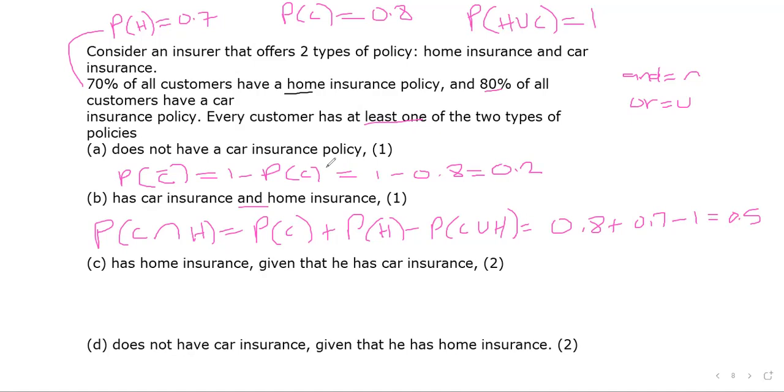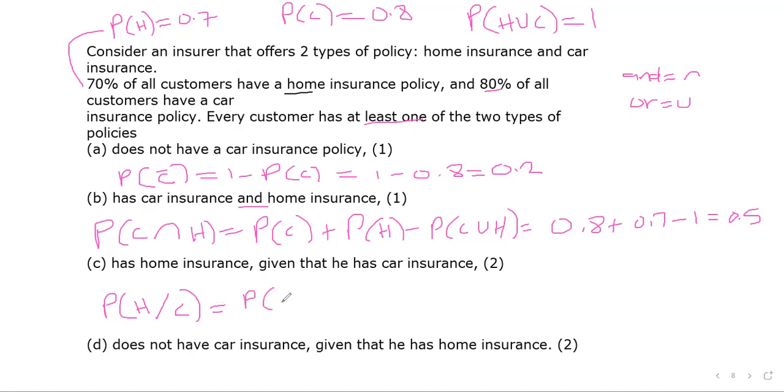So this is how we find has a car and home insurance. How about has a home insurance given he has a car? So probability home given car. So this would be probability of what?